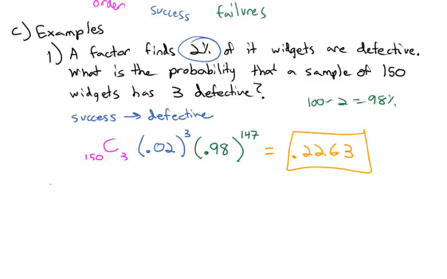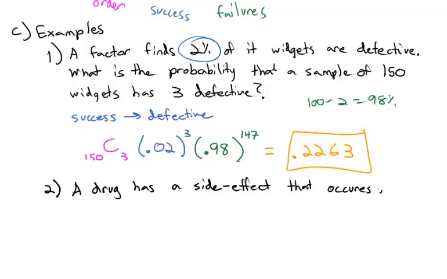Let's try another one. Let's say a drug has a side effect that occurs in 1 out of every 30 who take it.